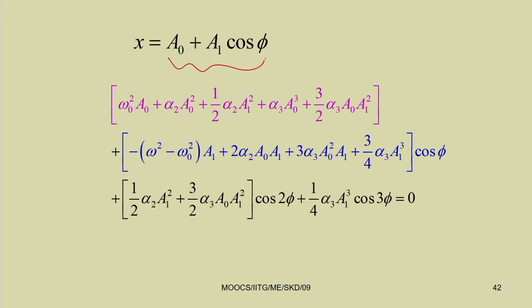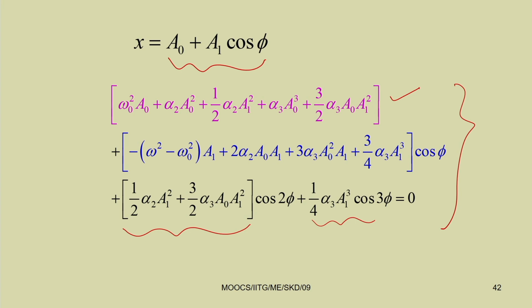So, we can take now two terms. The first term is a 0, that is a constant term, and plus a 1 cos phi. By substituting these two in this governing equation, we can get this expression, where these terms are the coefficient of cos phi. The first term is a constant term, then the second term is the coefficient of cos phi, and some other terms are the coefficients of cos 2 phi and cos 3 phi also.